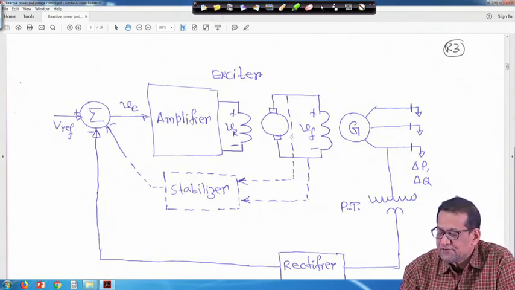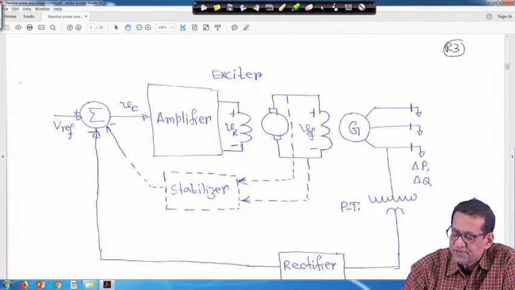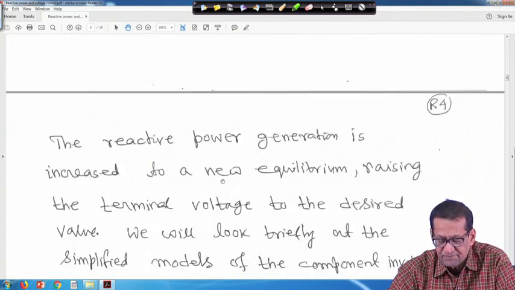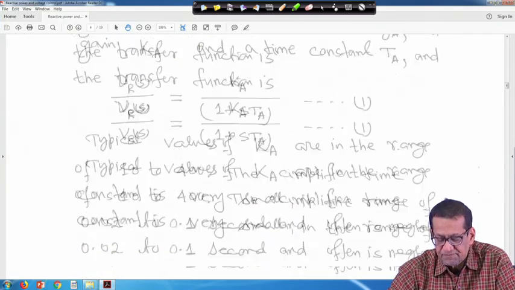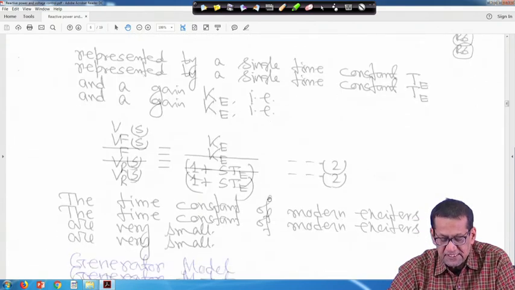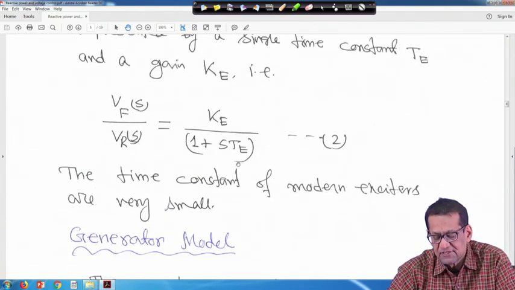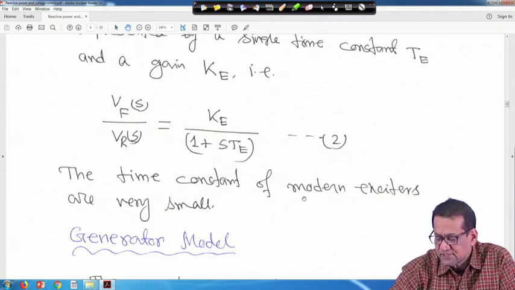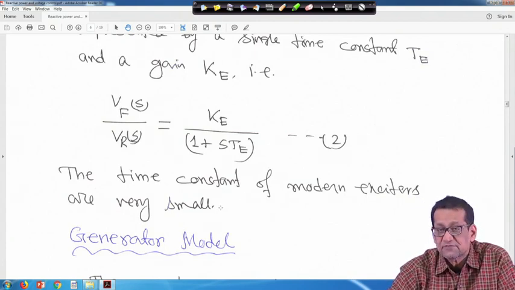Similarly, when we come to the generator side, this is Vt, so Vt upon Vf we will also see. So, Vfs upon Vrs is equal to Ke upon 1 plus S Te. This is the exciter part. The time constants of modern exciters are very small, right.